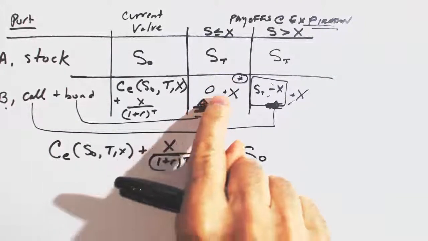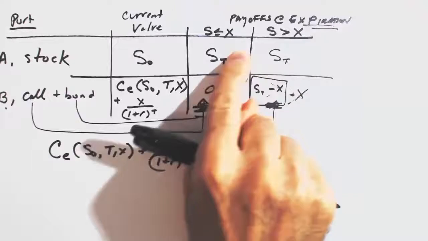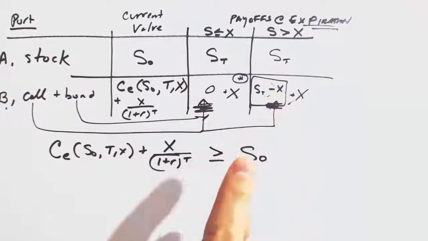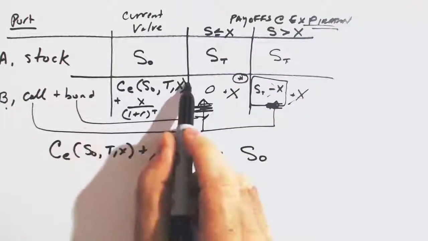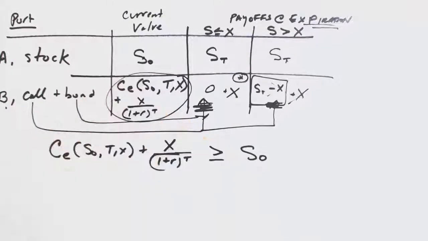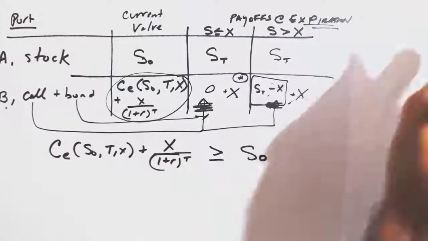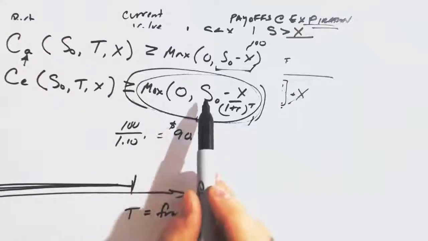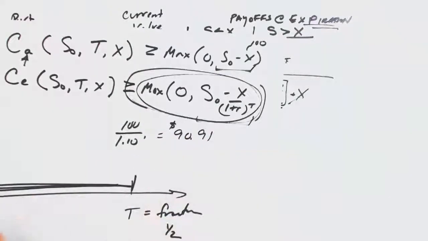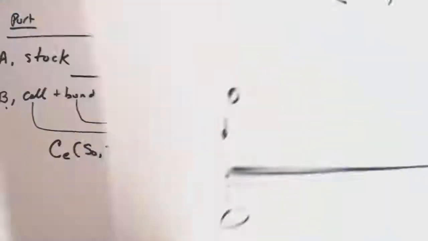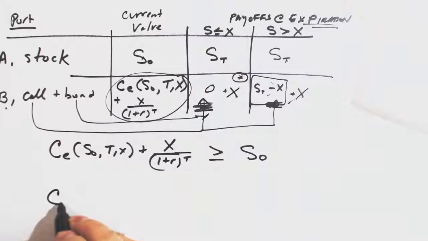Because B is a better portfolio in this situation, the value of B must be greater than the value of portfolio A. And there we have it. We're getting really close to that formula that I showed you a few minutes ago. All we have to do is rearrange it.